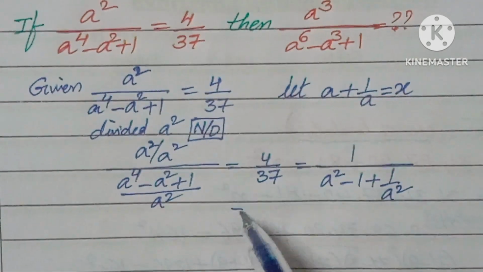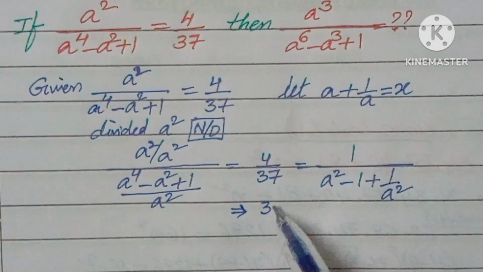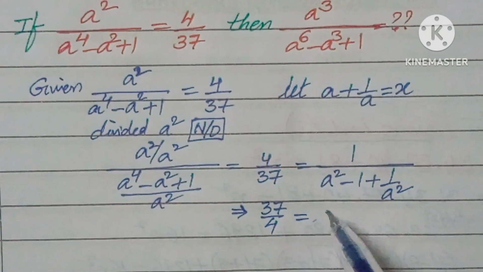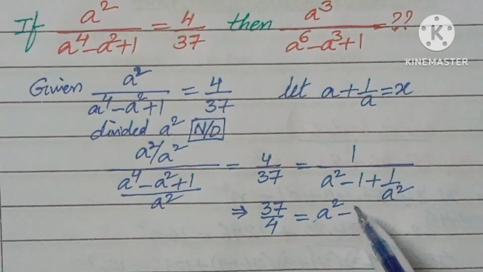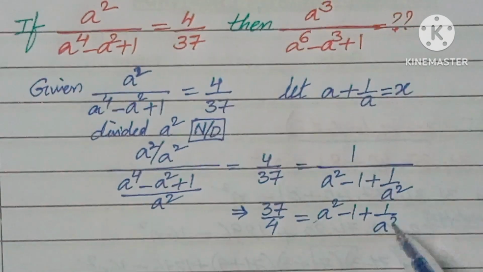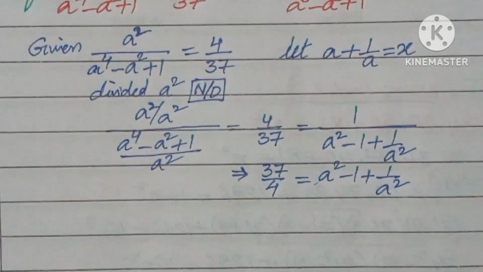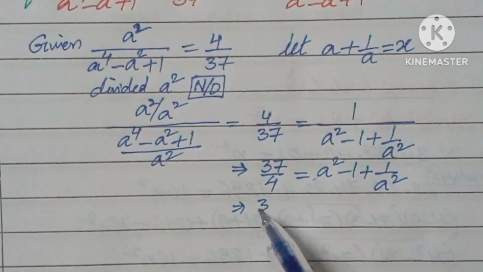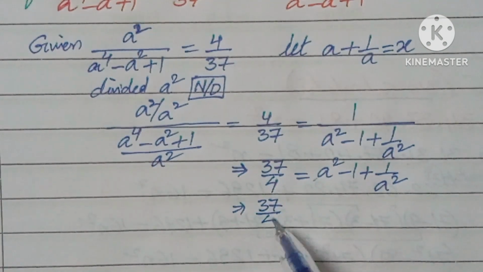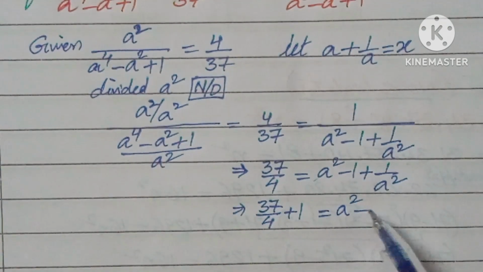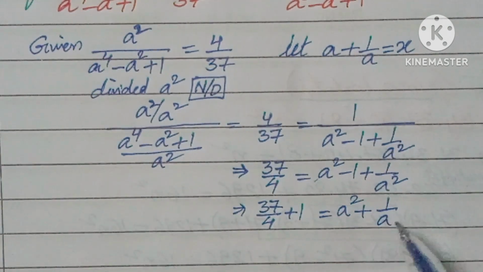Now here, if you write the reciprocal, 37 by 4 is equal to a square minus 1 plus 1 by a square. So send 1 to that side. 37 by 4 plus 1 equal to a square plus 1 by a square.